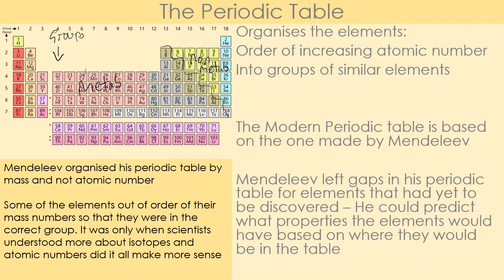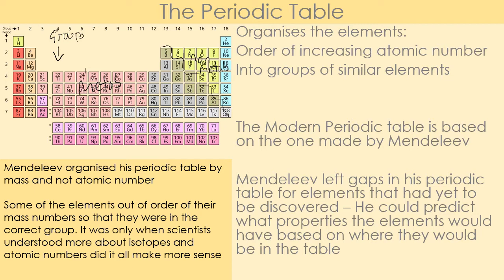Now, the problem Mendeleev had was that some of the elements he organised were out of order for their mass number. And he had to put them in a certain way so they were in the correct group. So for example, iodine and tellurium, their mass numbers are the wrong way round. Their proton numbers are correct, but the mass numbers are the wrong way round.